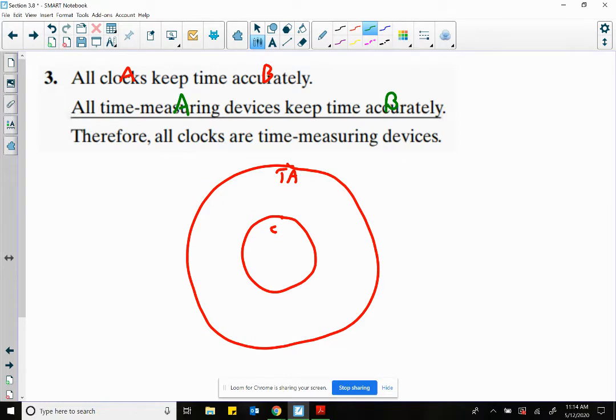So in this one, this is one of those situations where we can have more than one picture drawn. Because some of you probably did this. Took the time measuring devices, so let's call that TD, time devices, and put it inside the clocks, which is also inside time accurately. That works.